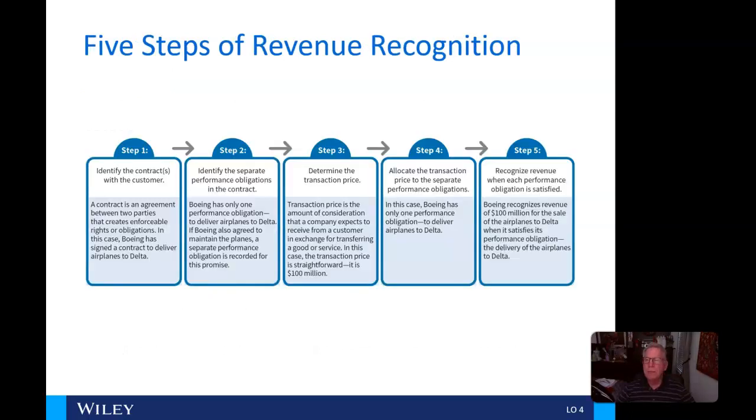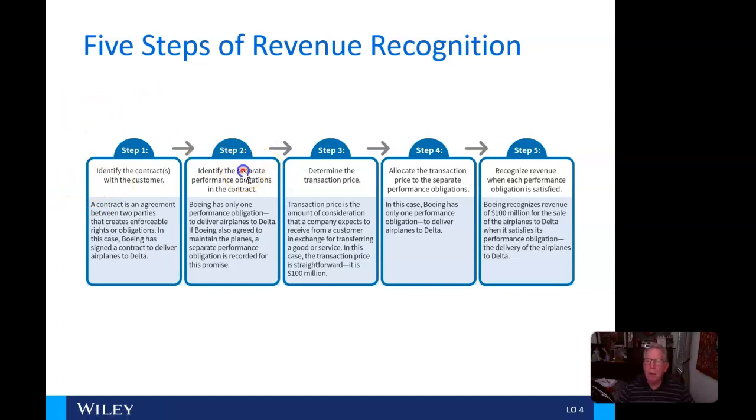Let's take a look. Step number 1, we are going to identify the contracts with the customer. This is a contract. It's an agreement between two parties. Boeing has signed a contract to deliver airplanes to Delta.